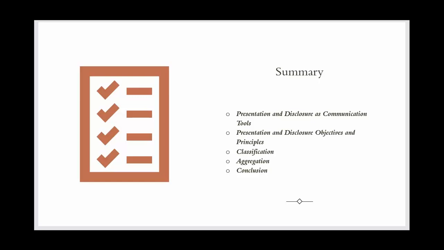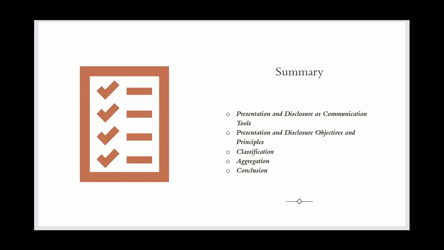Key topics covered. 1. Presentation and disclosure as communication tools. Financial statements communicate information about an entity's assets, liabilities, equity, income, and expenses. Effective communication enhances the relevance, understandability, and comparability of financial information. 2.